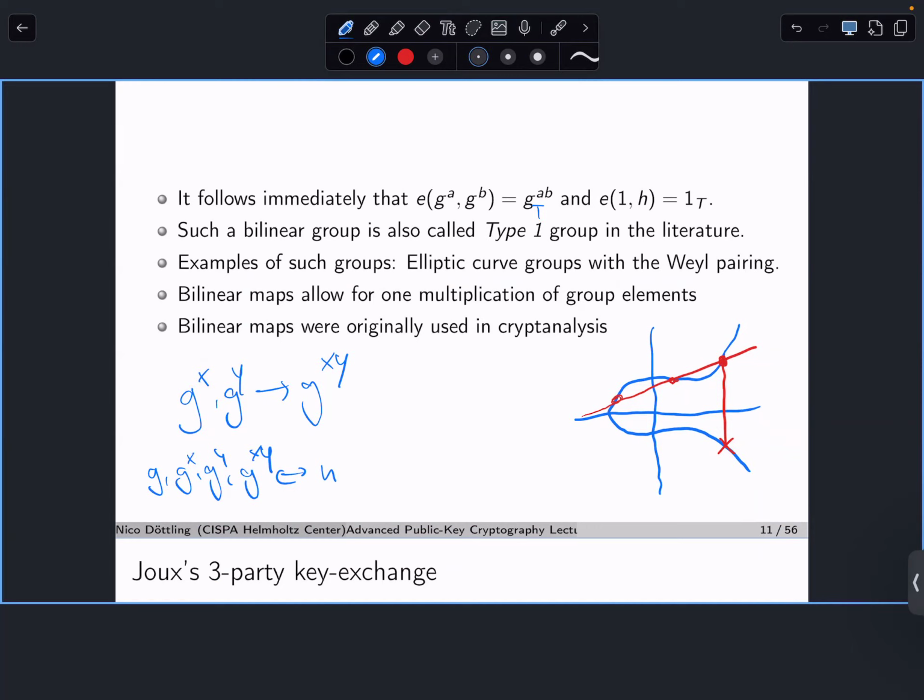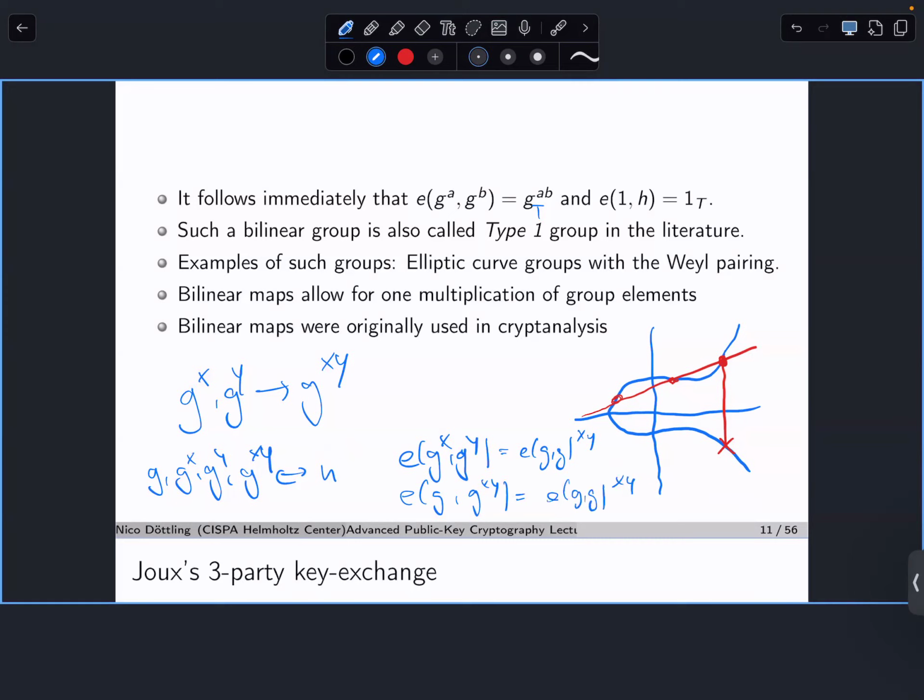You're saying we compute e of g to the x, g to the y. We know this is e of g to the xy. What's the other value we compute? Exactly, which is also e of g to the xy.